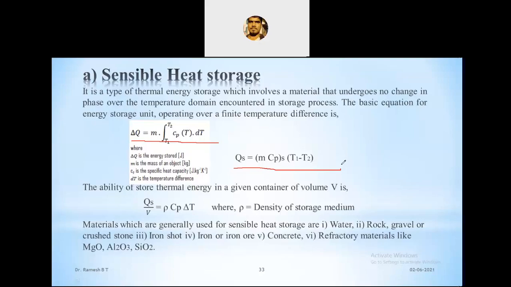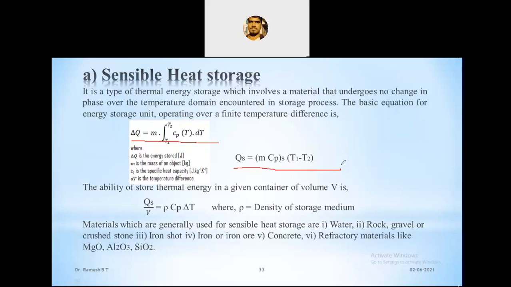And Cp is the specific heat capacity of the substance. Specific heat means how much energy is absorbed or given. Its unit is joules per kg Kelvin, meaning per kg how much energy is absorbed or released. That is the capacity, in terms of Cp.